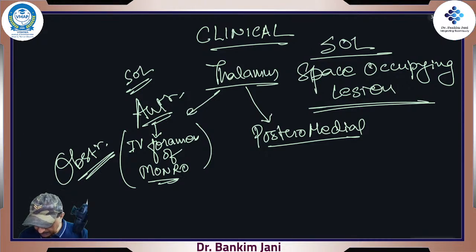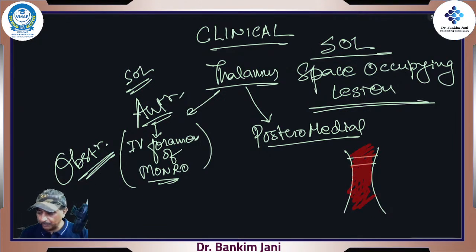See, this is the thalamus, in between the interthalamic adhesions, and here is the third ventricle. That's the third ventricle. So any space occupying lesion is going to obstruct it.